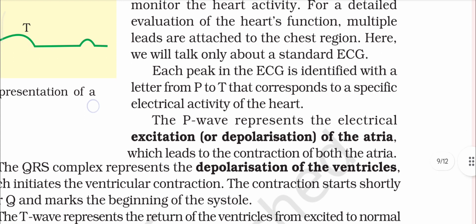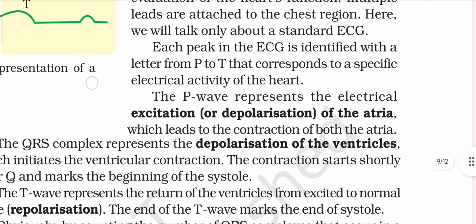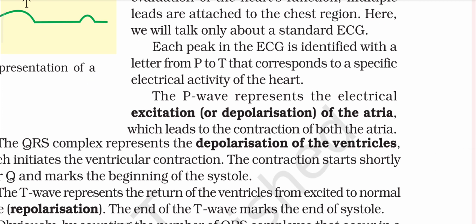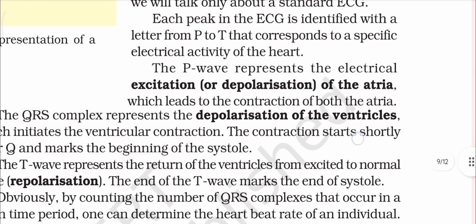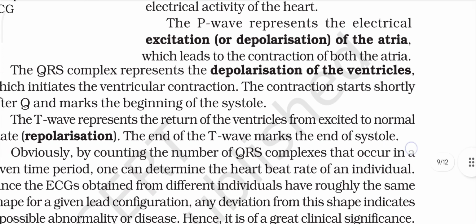Each peak in the ECG is identified with a letter from P to T that corresponds to a specific electrical activity of the heart. The P wave represents the electrical excitation or depolarization of the atria, which leads to the contraction of both the atria.